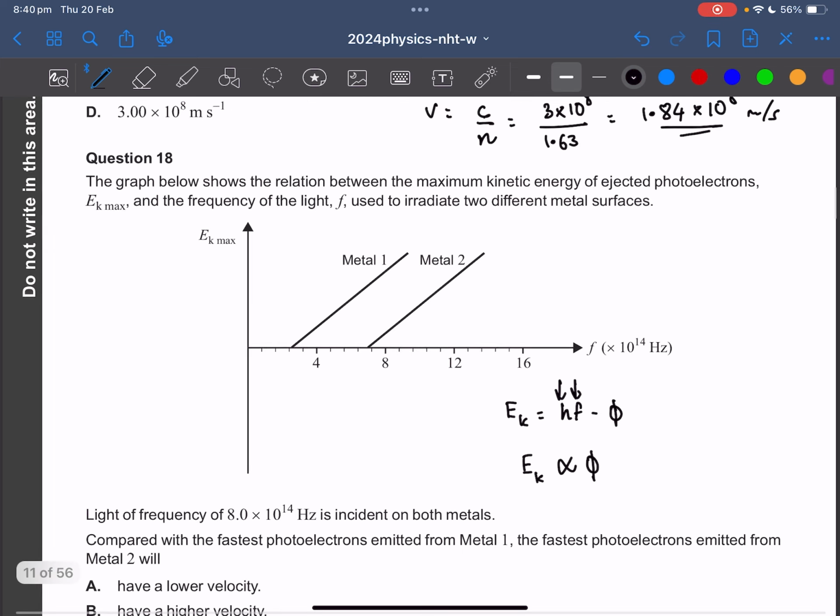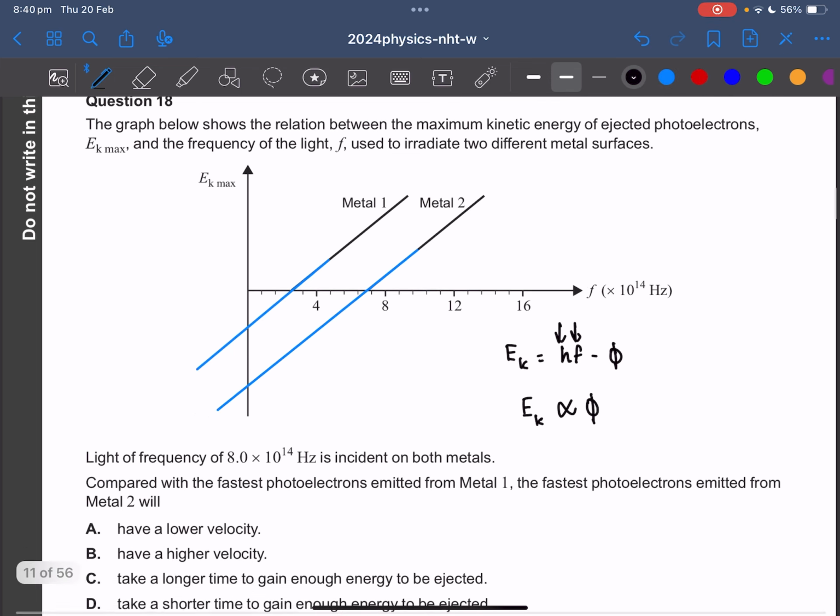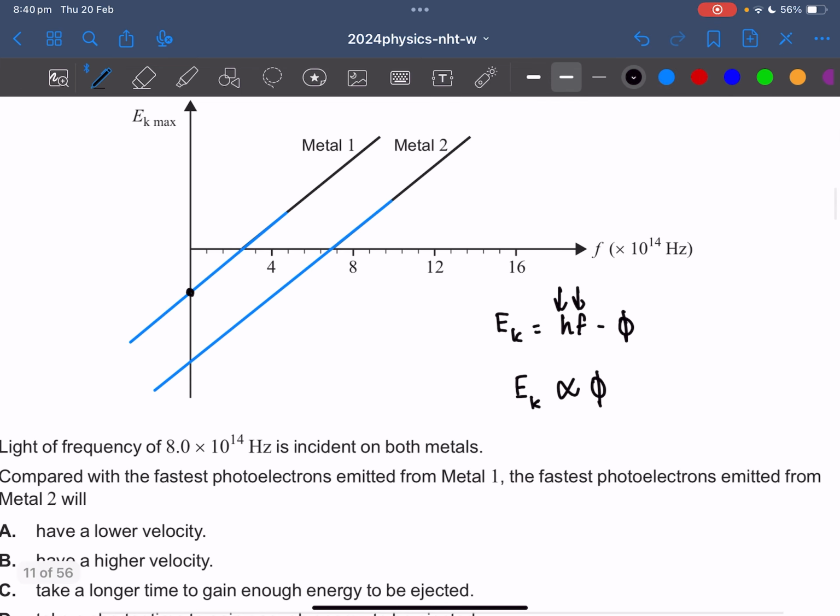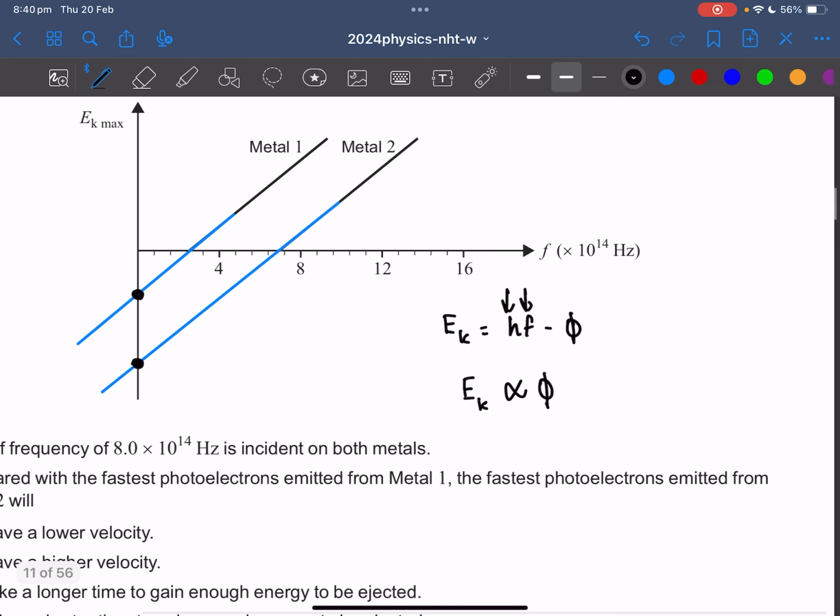Now if I were to extend these lines like so, for example, and like that, as you can see, the work function of metal 1 is greater than metal 2, right? So that is greater than that.